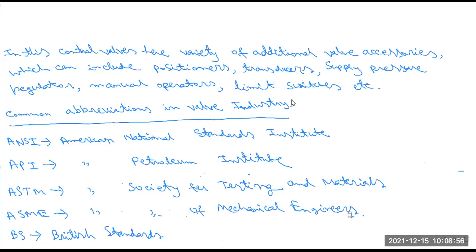So these are the different names: ANSI, American National Standards Institute; API, American Petroleum Institute; ASTM, American Society for Testing and Materials; ASME, American Society of Mechanical Engineers. All of you have heard BS, British Standards.